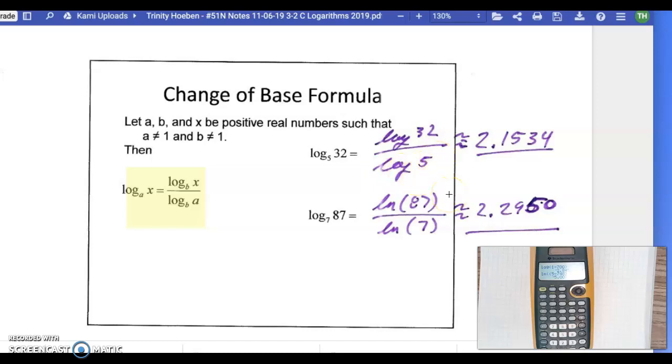If you're typing that in your calculator, you simply type the log of 32, and then divide that by the log of 5. Is that typed in right? Yes. Okay.